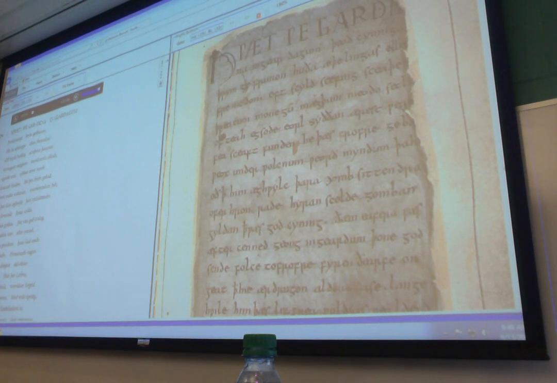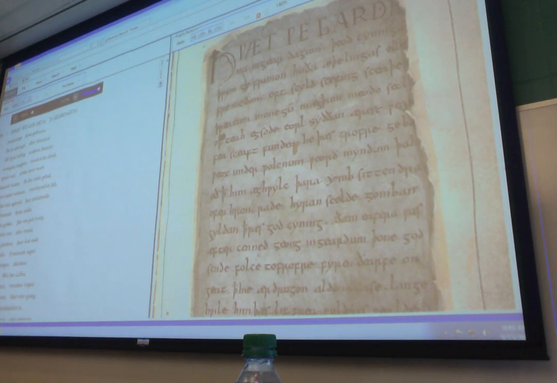It's in the Beowulf manuscript, which has the shelf mark Cotton Vitellius A15, and if you want to get really particular, it's London, British Library, Cotton Vitellius A15. Why?